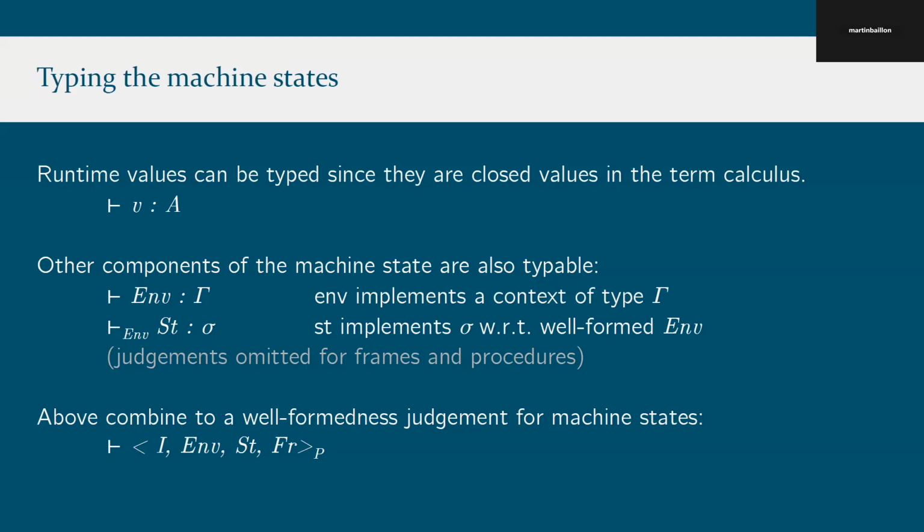And we have the same-ish judgments, omitted here, for the frames and procedures, and all of these constraints will combine into a well-formed judgment for the machine states, which means that we can now type machine states.